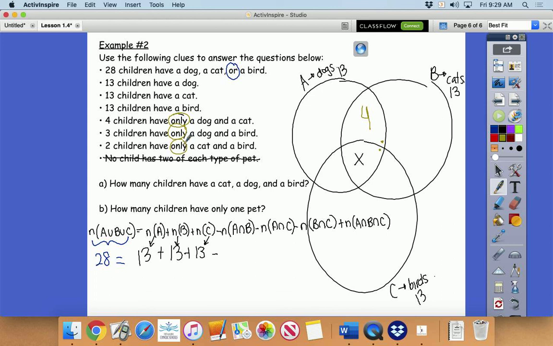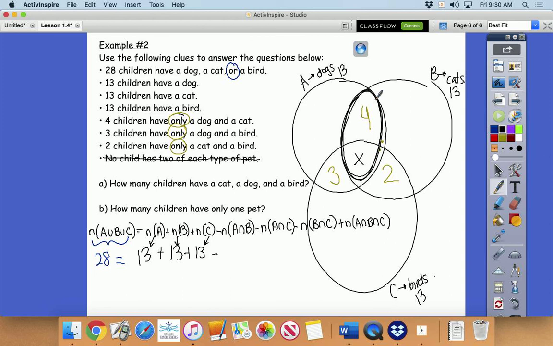We have 3 children have only a dog and a bird. So we have dog and bird would be 3. 2 children have only a cat and a bird. So that would represent this number right here, 2. Okay. Now if you look at the formula, it is saying that they want the intersection between A, B. They want these 2 numbers put together.